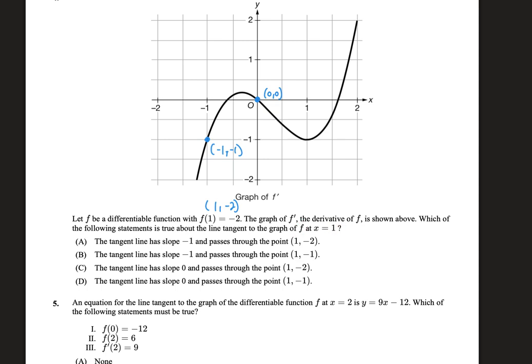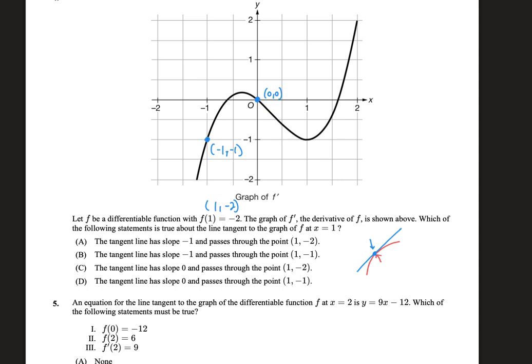Just in general, anytime you have a graph and you have a line tangent to the graph at some x value, notice they always share this point. So this point here is on the tangent line, but it's also on the function. That point gets shared by both.